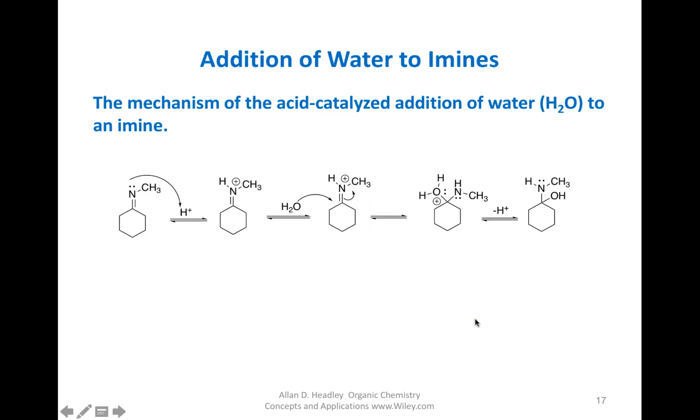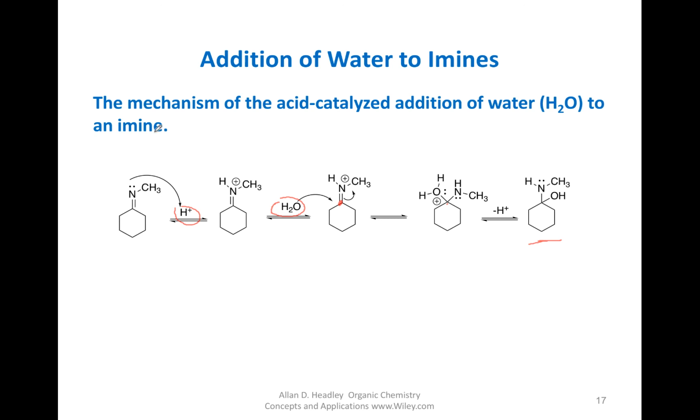I should point out, as I pointed out earlier, in the presence of more acid, because it's an equilibrium reaction, it's possible to protonate here, and this water can add to this nitrogen here to form this, and this becomes your addition product.